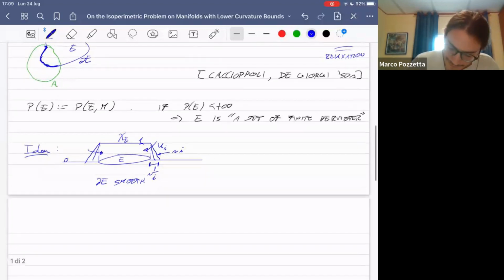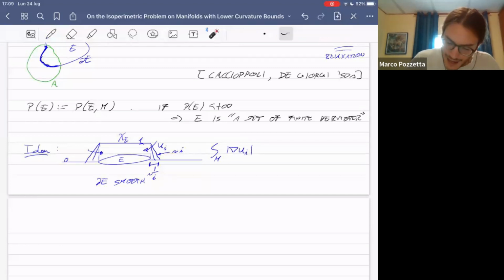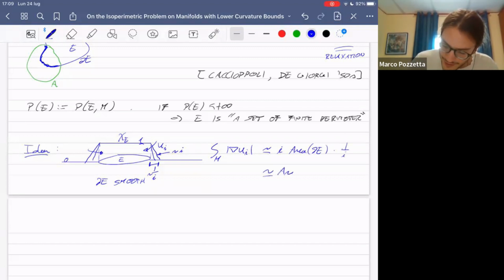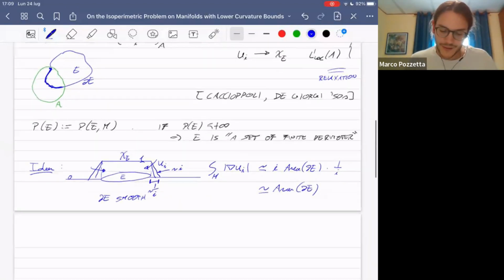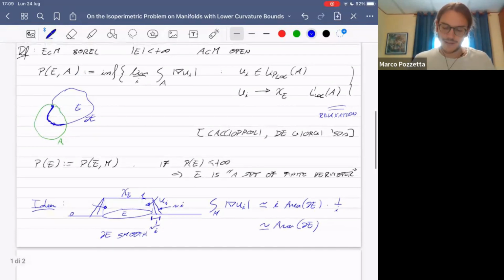And so if I integrate over M the gradient of u_i, then actually I am integrating something of the order i on this tubular neighborhood of the boundary of E. So approximately what I get is i times the volume of that neighborhood, that more or less I can believe is of the order area of the boundary of E times 1 over i, right? So in the limit, I approximate the area of the boundary of E, right? If you believe this. Okay, so this is more or less the intuition behind the formula.